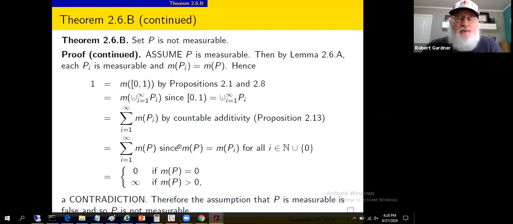So if we looked at this from the perspective of outer measure, replacing all the m's with m stars, we'd have to use subadditivity here, less than or equal to, and we get an infinity down there. Drawing the conclusion 1 is less than or equal to infinity, which is the case. But with measure, we get to use countable additivity, and that's where the contradiction comes from. So this set p is not measurable.